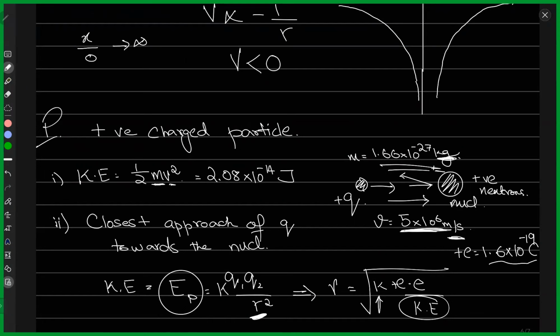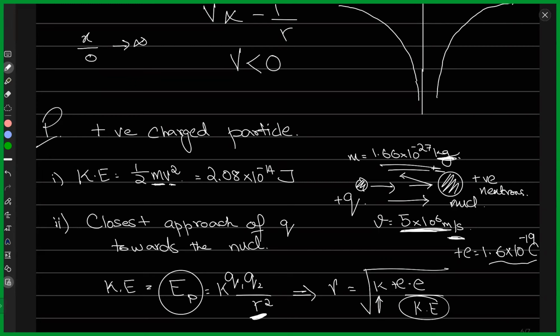Because when it's deflected backwards, it's changing its direction completely, and its velocity becomes 0, and then the velocity starts to increase again. As long as it had this velocity, which we wrote over here, 5 into 10 raised to power 6 meters per second, it has all the kinetic energy.